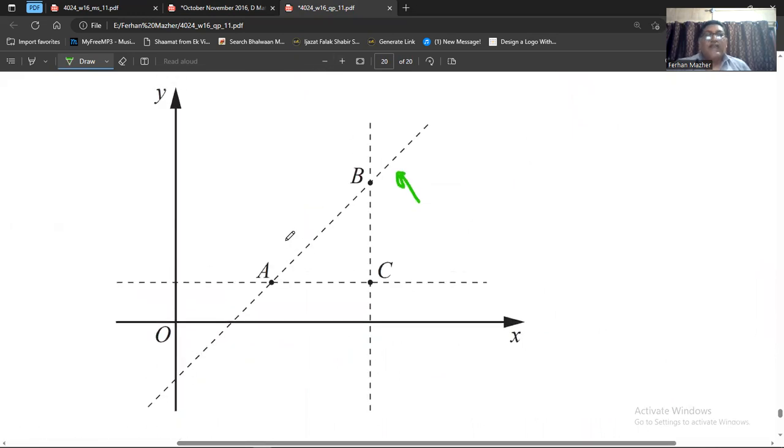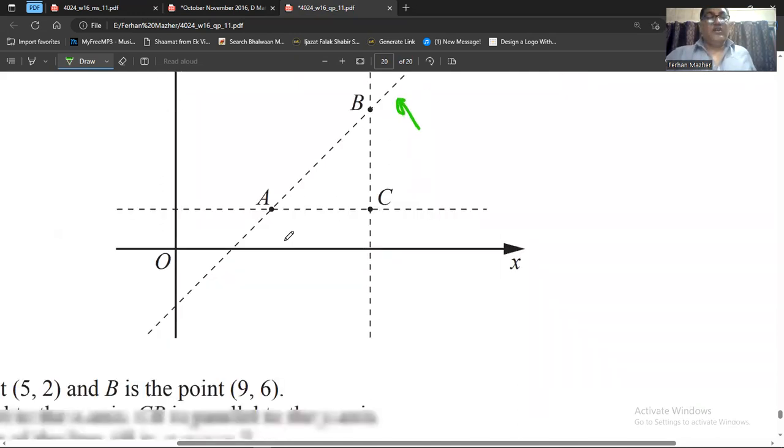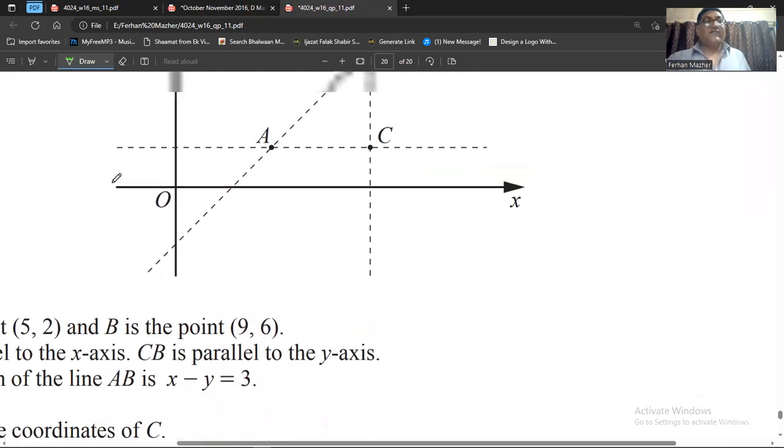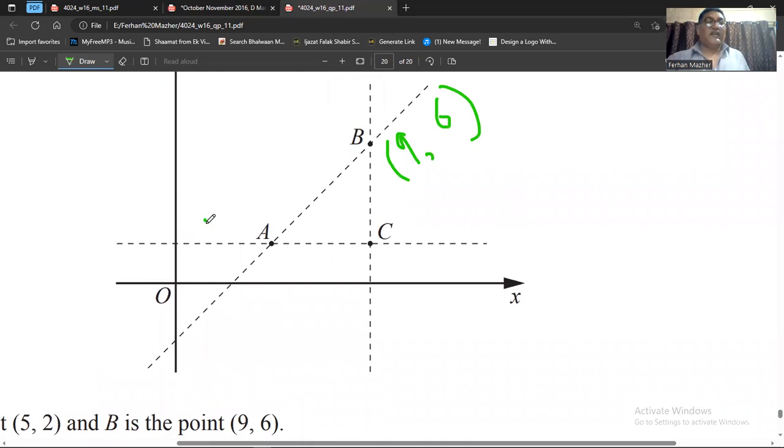Okay. We have to find out the coordinates of the point C. The coordinates of the point B are 9, comma 6. The coordinates of the point A are 5, comma 2.